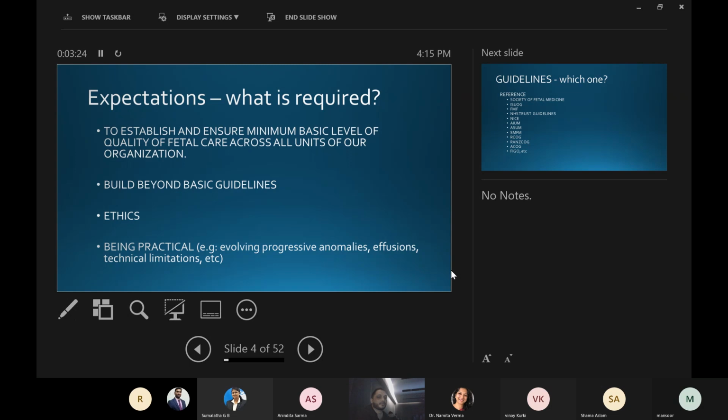Irrespective of whether the patient goes to Sharjah or Dubai, or to Deira or Abu Dhabi, anywhere the patient goes, there should be some minimum basic level of quality which the patient should receive. That is our purpose of having this quality assurance program. And then depending upon our interest, we can keep on building beyond these basic guidelines.